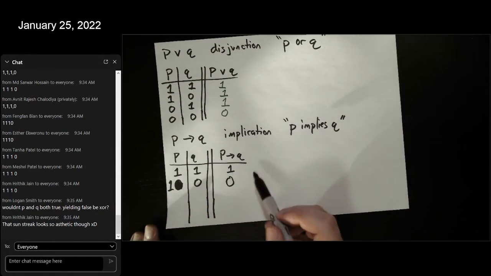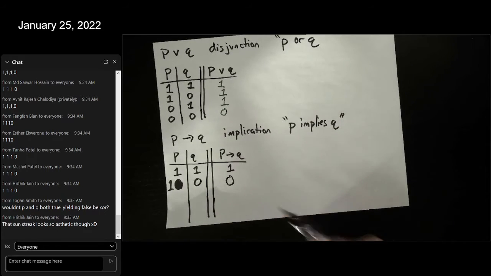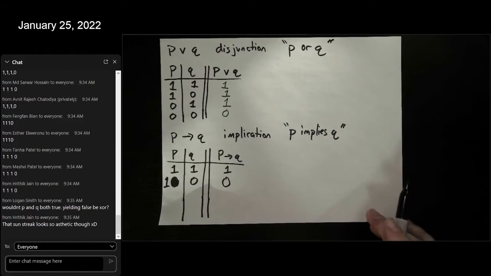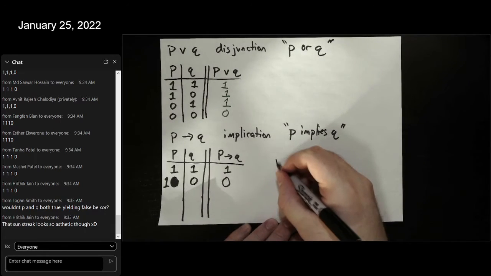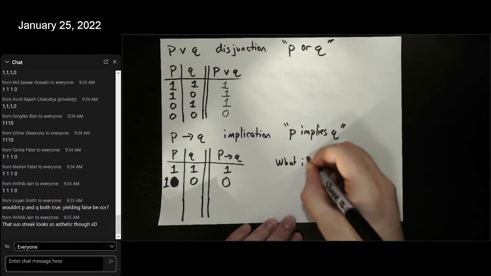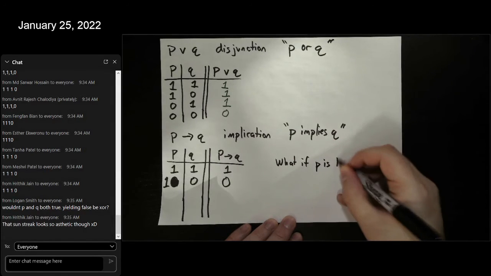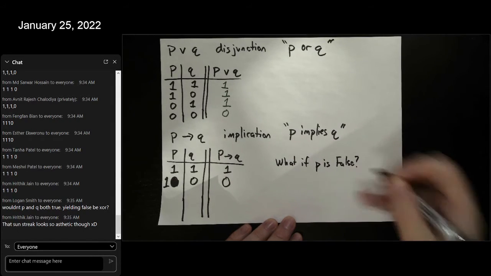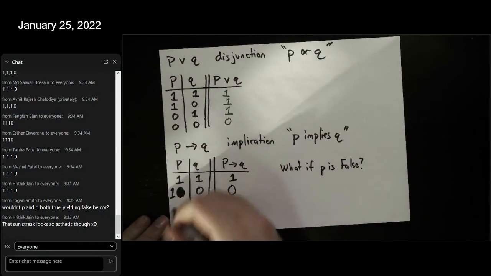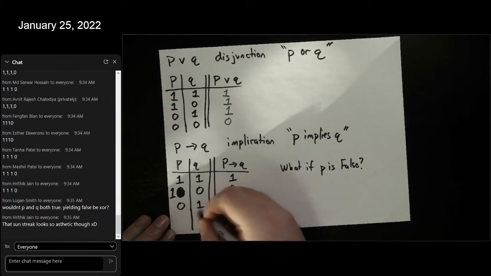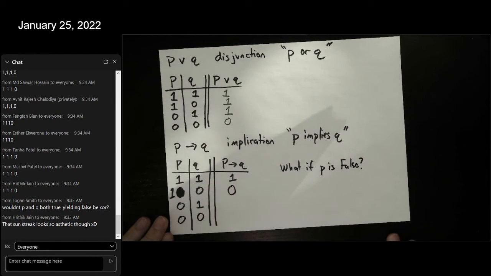P did not imply Q. I had P, but I didn't get Q. Now the question is, what if P is false? What should happen in these two cases?